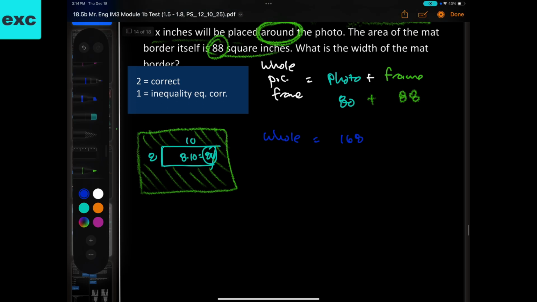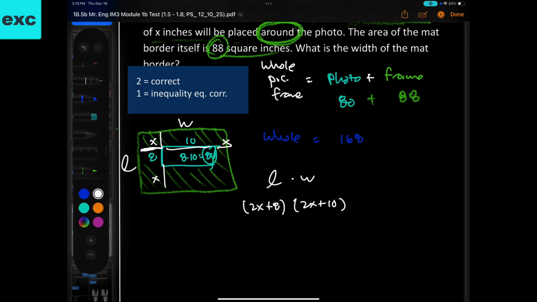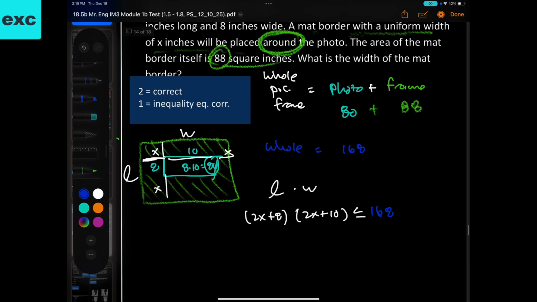Okay, so how do I use that now? My equation is length times width, and my length is x plus 8 plus x, which would give me 2x plus 8. The width going across is still x plus 10 plus another x, so that would be 2x plus 10, and our total has to be less than the whole. Okay, if you got to here, I gave you 1 point extra credit.